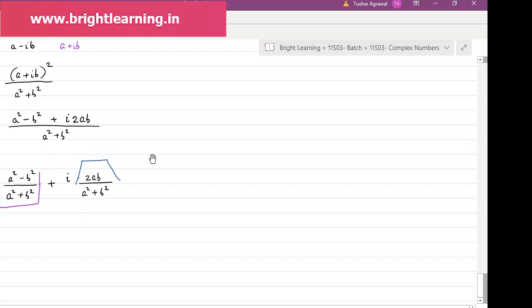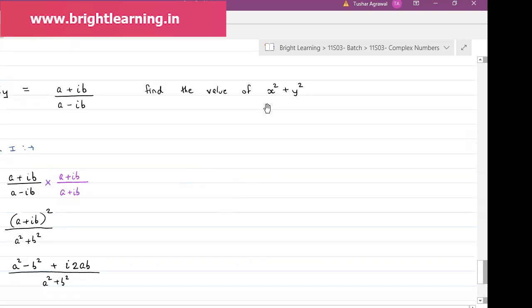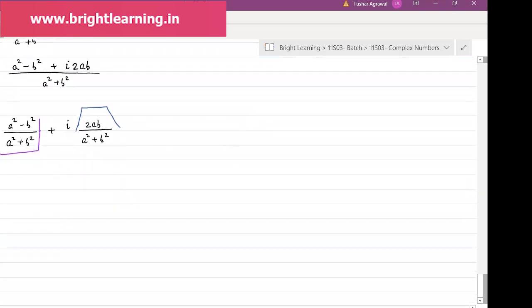Now what was asked? Evaluate x square plus y square. So x square plus y square will be what? I am substituting these values. I have not taken the square of the left-hand value, so don't think that I have. I have calculated x and y separately; this is just a comparison.